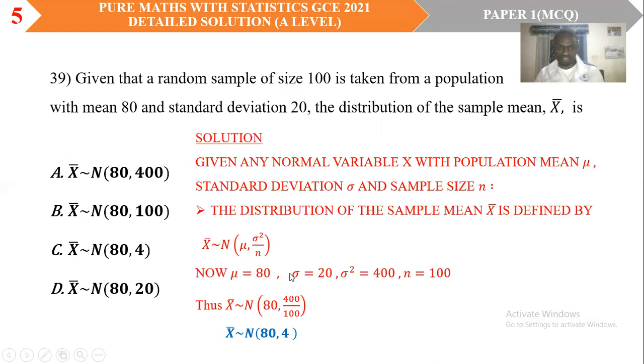Now, mu is equal to 80, sigma is 20, giving sigma squared to be 400. N is equal to 100. Substituting these values in mu and sigma squared over n, we have that x bar is normal with 80 and 400 over 100, which reduces to x bar normal with 80, 4. Answer C.